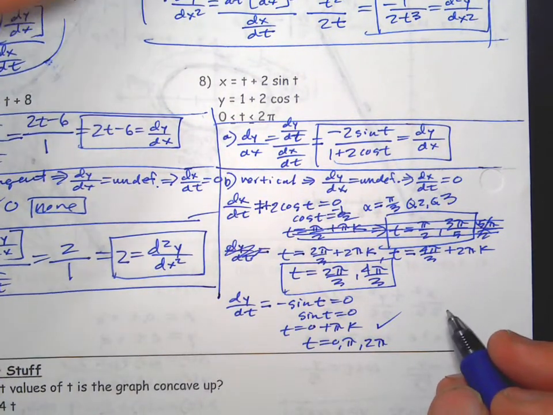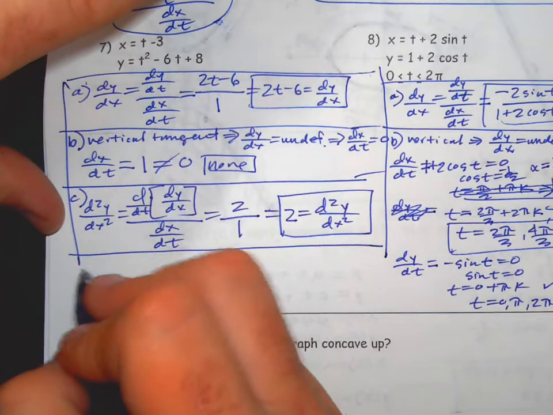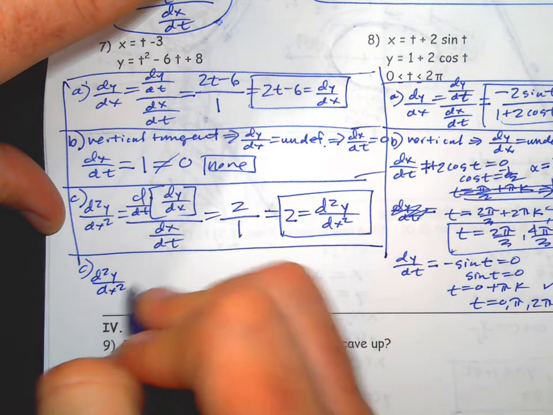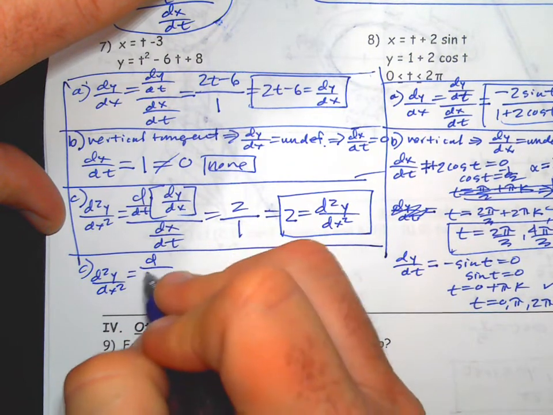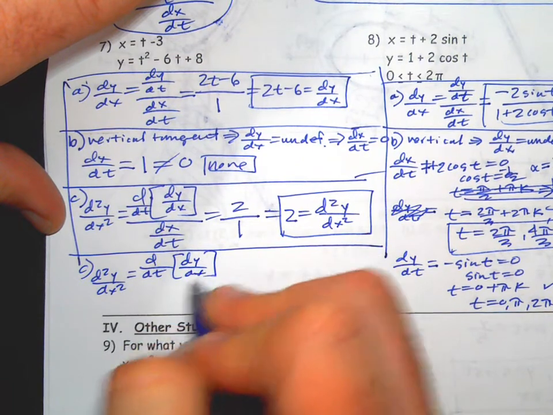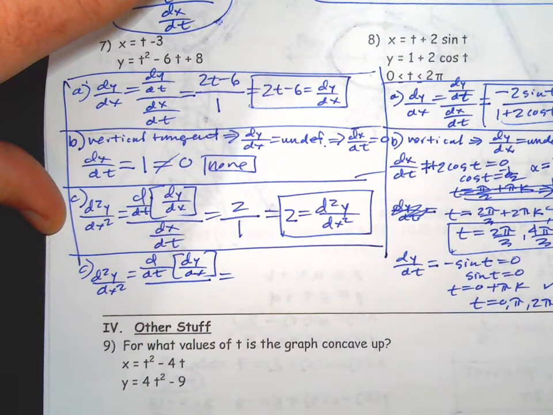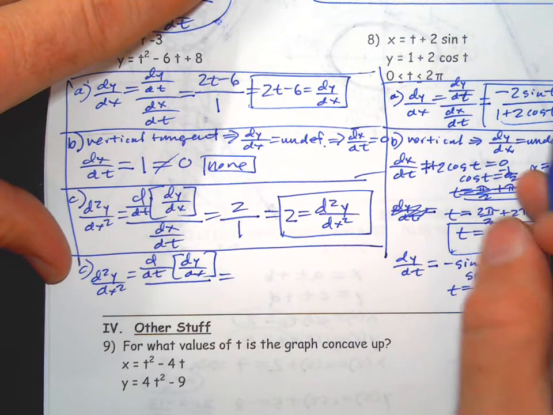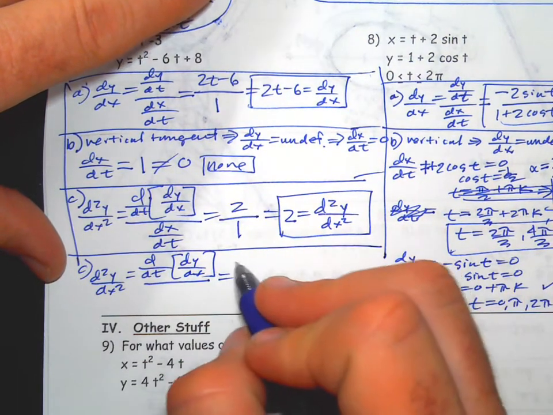And then part C, I guess I'll do over here, is the second derivative, concavity. So I'm going to take the derivative of dy/dx, which is going to be a quotient. It's going to get messy. Okay, let's try it.